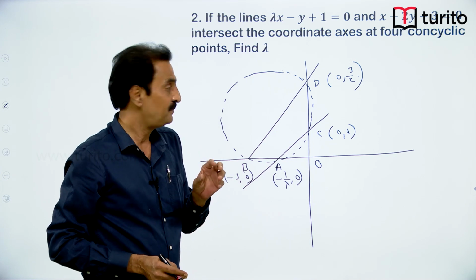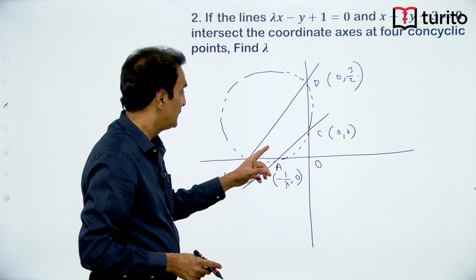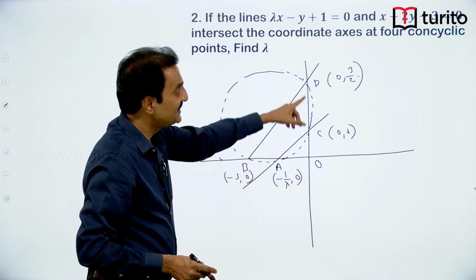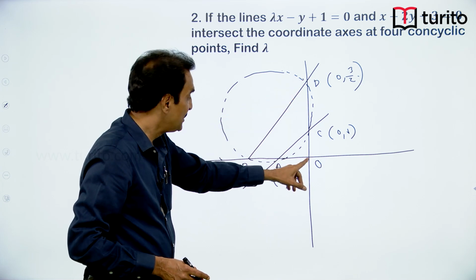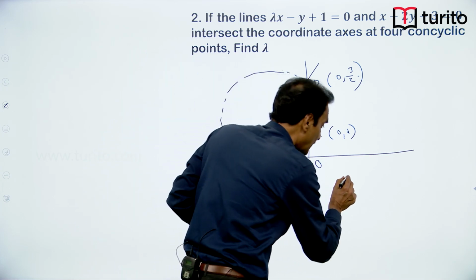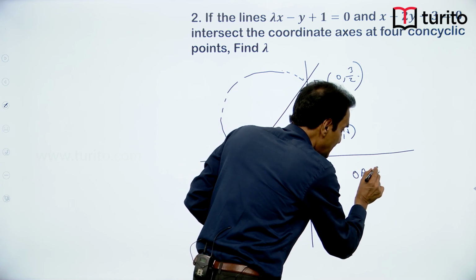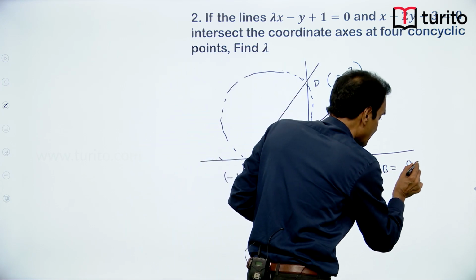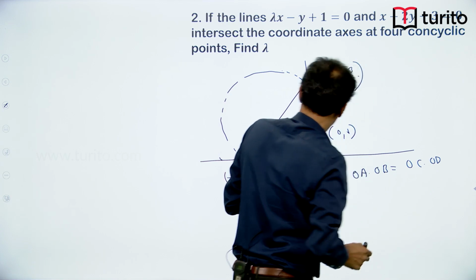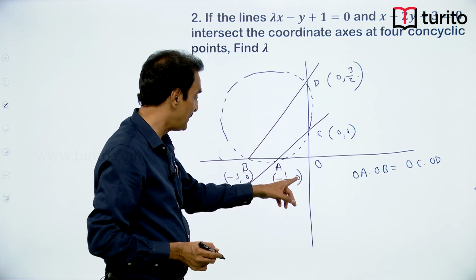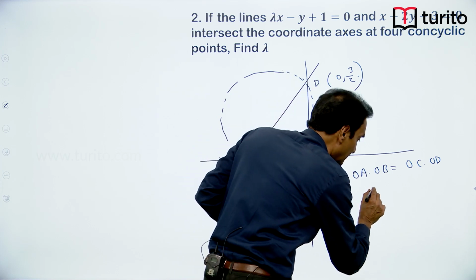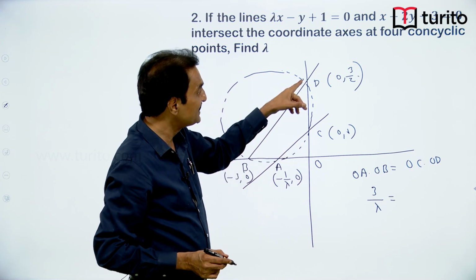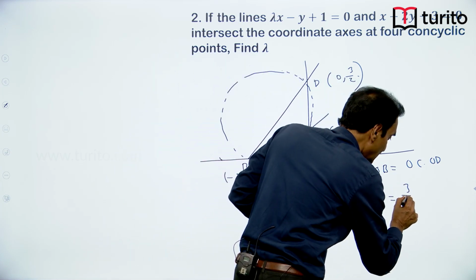You can use the property which we proved just now: OAB is a secant line for the circle, OCD is a secant line, and we know that OA into OB is equal to OC into OD. So, OA into OB is (−1/λ) into (−3), which is 3/λ, equal to OC into OD, which is 1 into 3/2, that is 3/2.